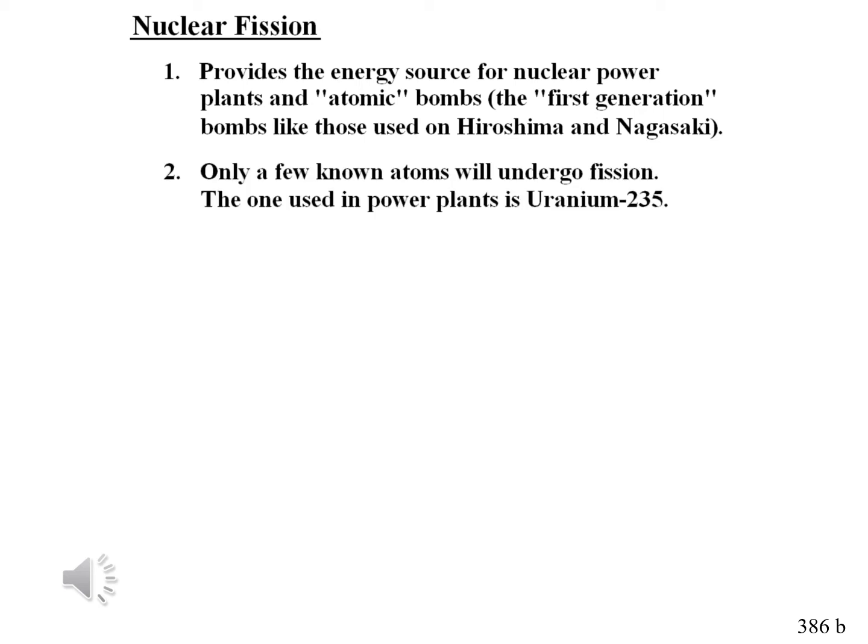There's only 3 isotopes known that can actually do this reaction: uranium-233, 235, and plutonium-239. The one they use in the power plants is uranium-235. The way you have to do this is to mine uranium. The thing is, uranium is mostly uranium-238.